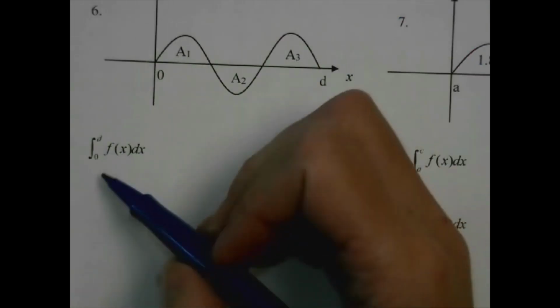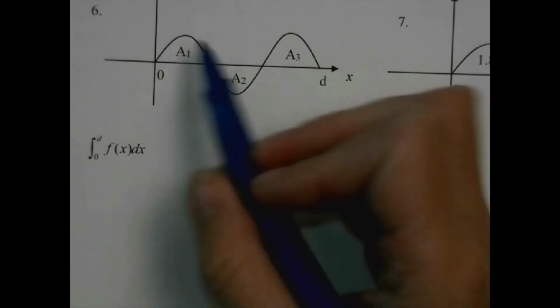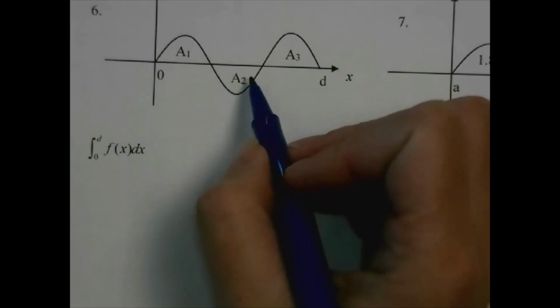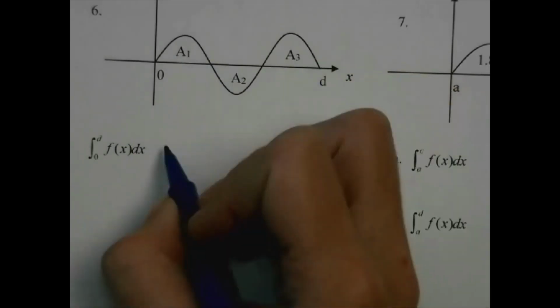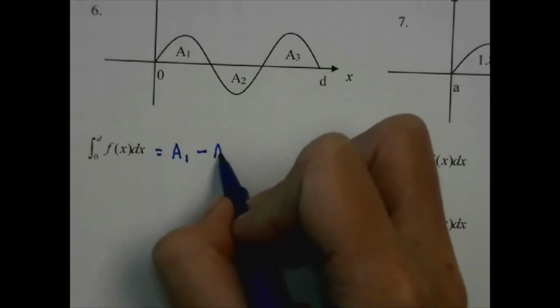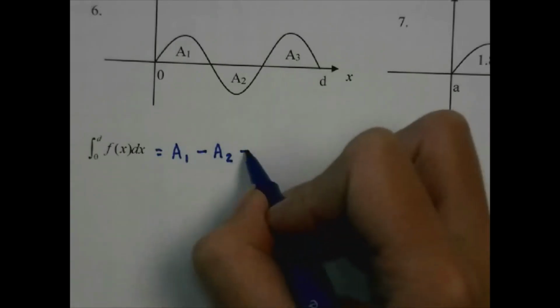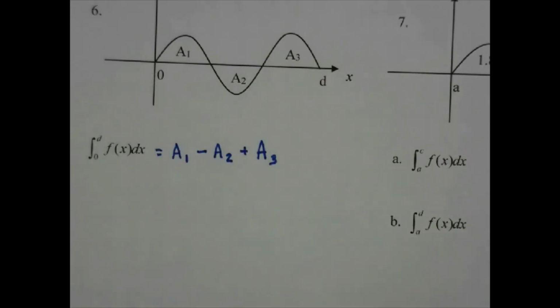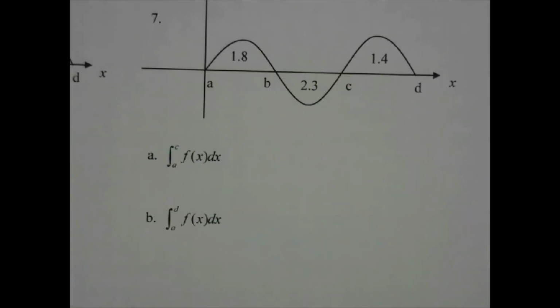Okay. This one's integral. We're going the integral from 0 to d of f of x. So all we're going to do is we have above, below, above. So this is going to be whatever the area 1 is minus whatever the area of 2 is plus what the area of 3 is. This is the same thing but with values.